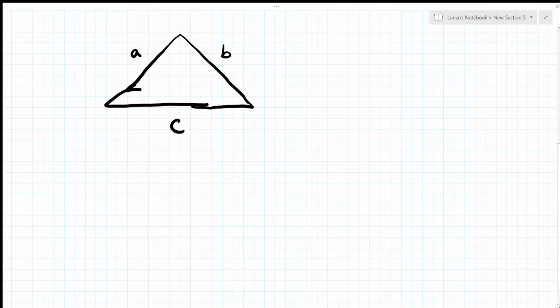So if one side is 1/3, we'll call this 1/3, and then the second side is 1/5 of the perimeter. And then the third side is 7 meters, so this whole thing is 7 meters. Find the perimeter, so P equals the perimeter.